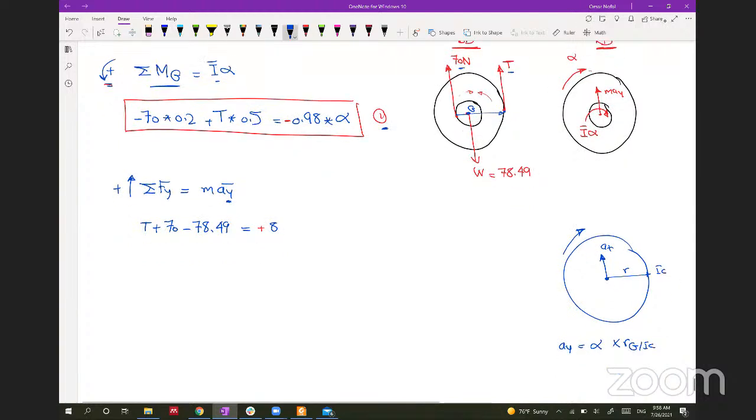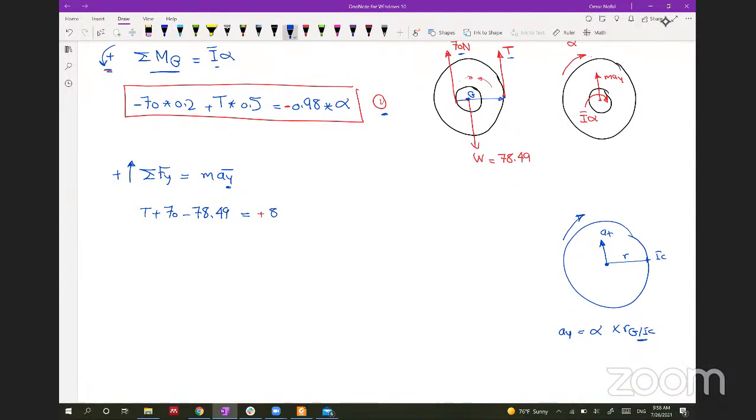It's this one. And we know R, and we know the direction. So alpha, let's keep alpha like that, and we have R, it is something like this. So I know the direction is in the positive direction, and R is equal to 0.5. So this will be equal to 0.5 alpha.